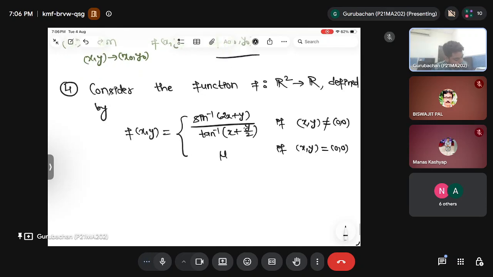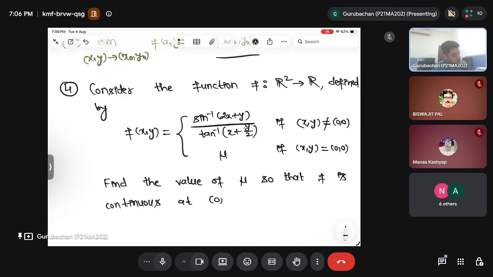So the question is: find the value of the scalar mu so that f is continuous at (0,0).